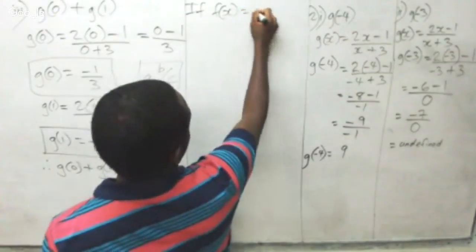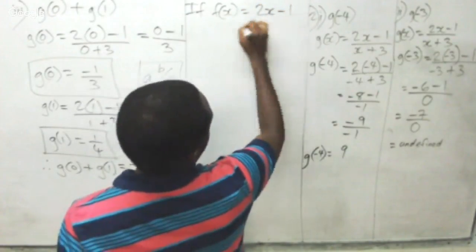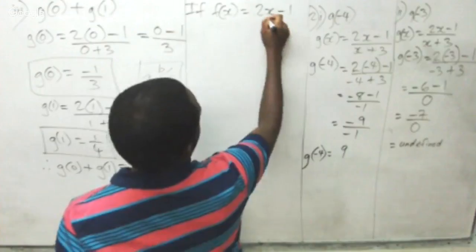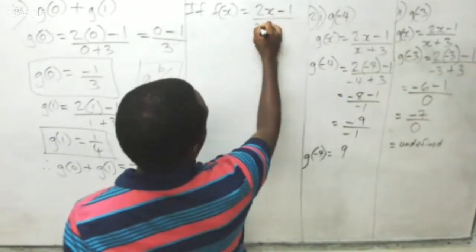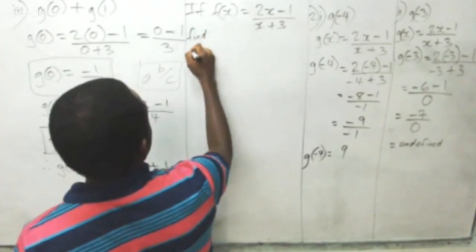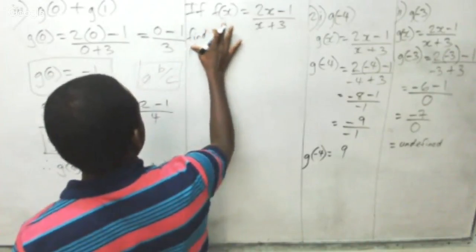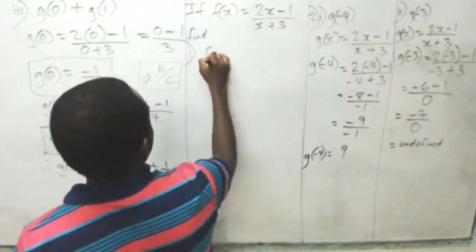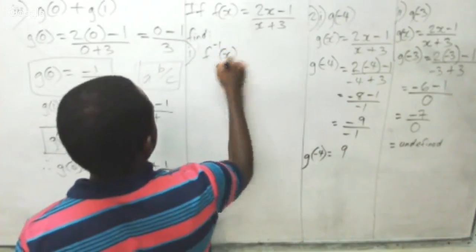If f of x is equal to 2x minus 1 divided by x plus 3, number 1, find f inverse of x.